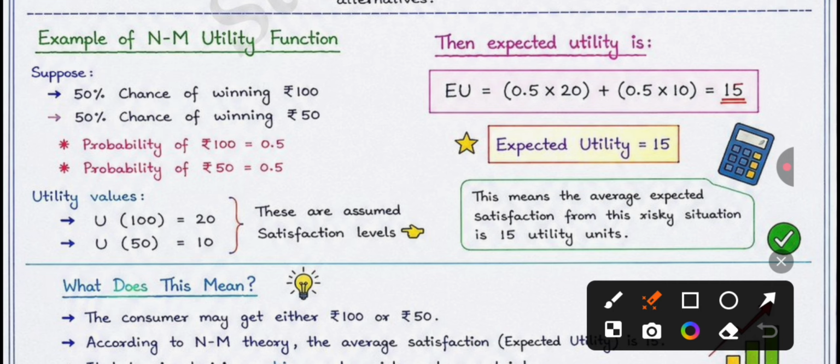That means we add here: EU equals 0.5 times 20 plus 0.5 times 10 equals 15. Therefore, the expected satisfaction from this risky situation is 15 utility units. I hope you all understood.